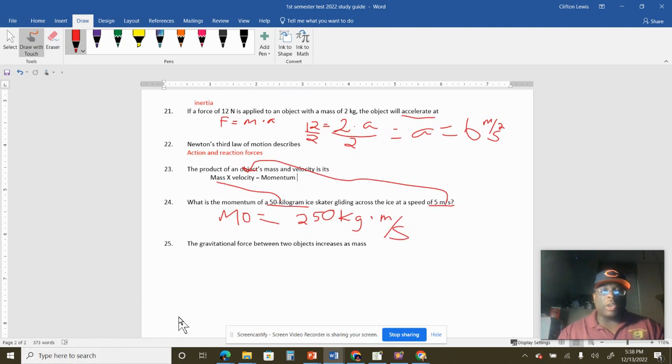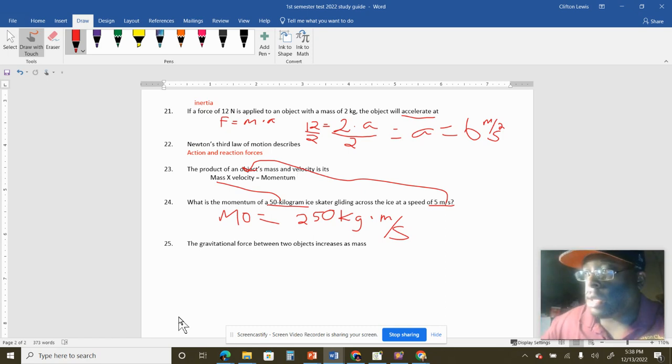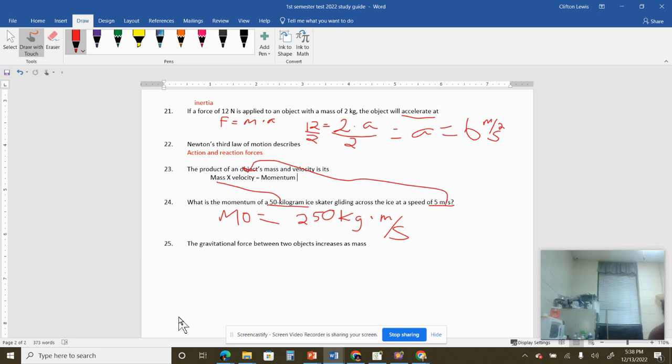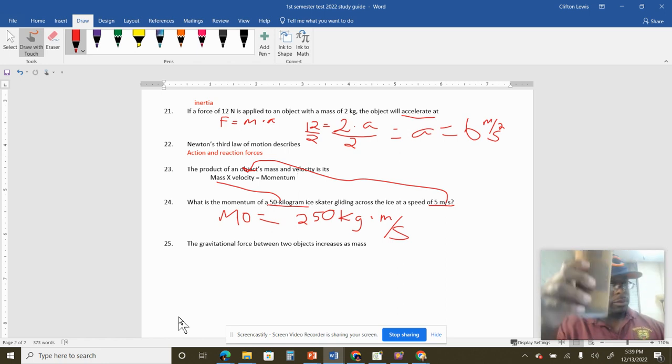The last one: the gravitational force between two objects increases. So I have two objects, and I want to increase their gravitational force.